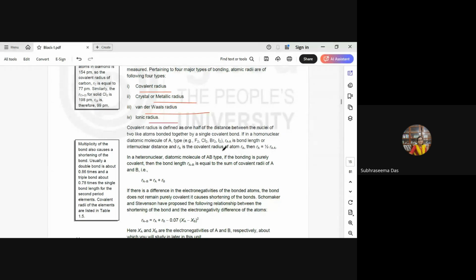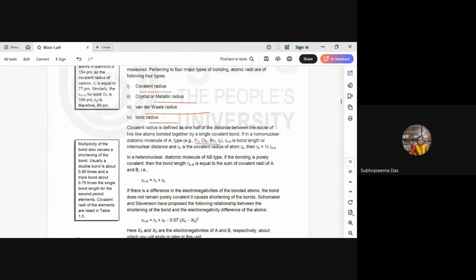For example, for a diatomic molecule such as F2, Cl2, Br2 or I2, for fluorine it will be given as half of the distance between the two nuclei.